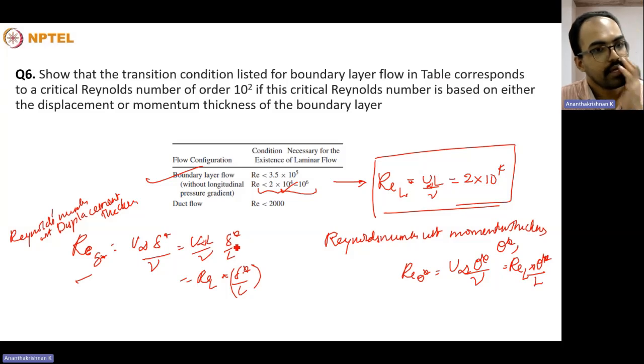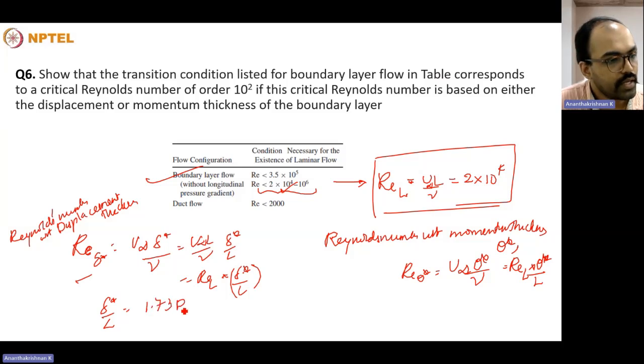As we saw in the earlier analysis, we have calculated the value of the displacement thickness as well as the momentum thickness. The displacement thickness delta star divided by L could be written as 1.3 into Re_L raised to minus 1 by 2. This will be of the same order as that of the boundary layer thickness, 4.9 divided by root of Reynolds number.